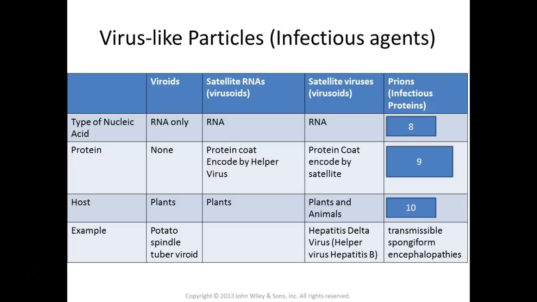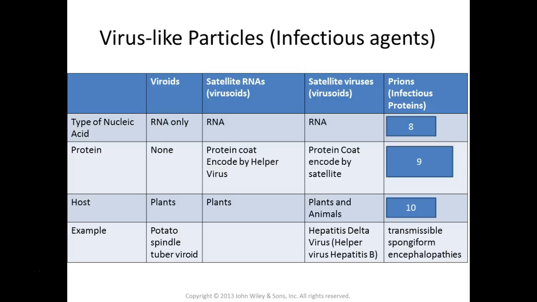My understanding of this was that basically you have the hepatitis B virus, but inside of it, you have this RNA with its own protein coat that we refer to as the hepatitis D satellite virus.